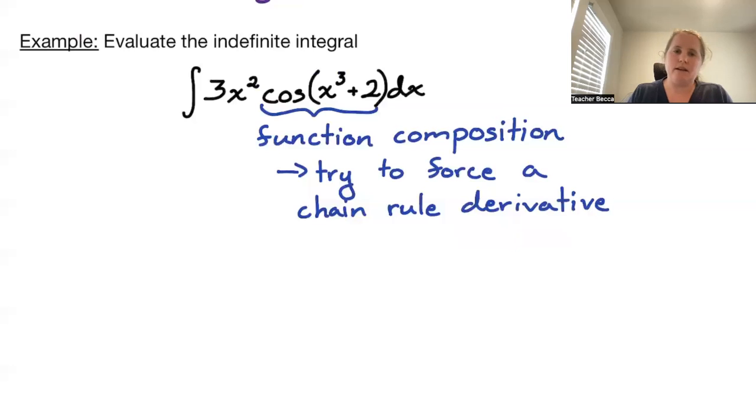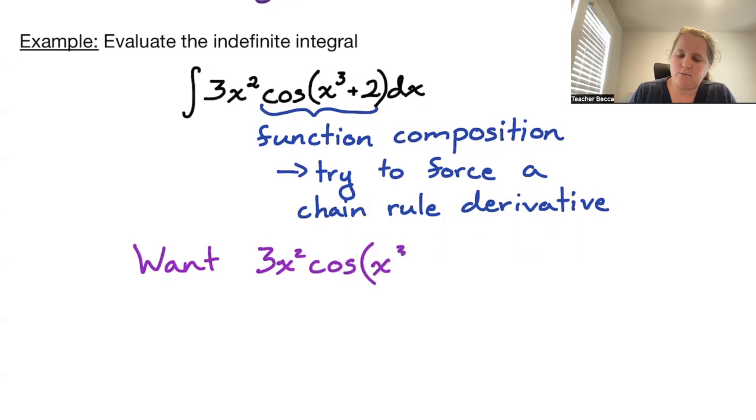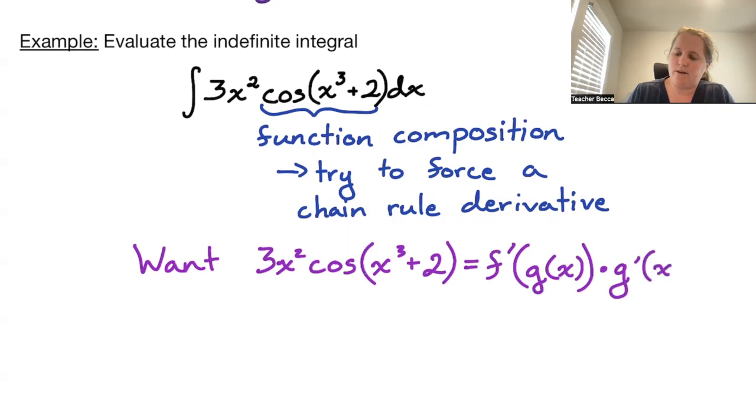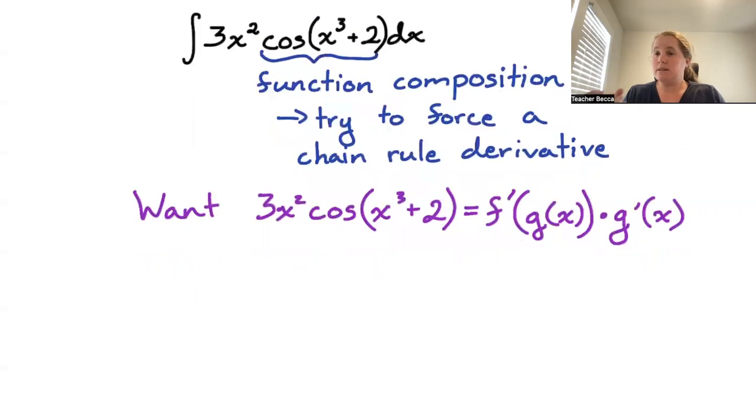So what we need essentially is we want 3x squared times cosine of x cubed plus 2 to be equal to f prime of g of x times g prime of x. So what we want is for the inside function from our composition to have its derivative be what's on the outside.